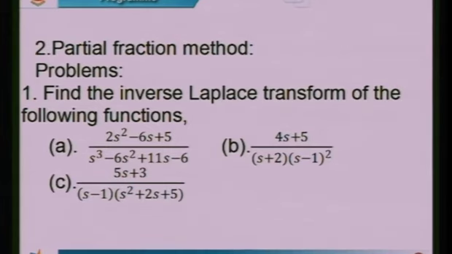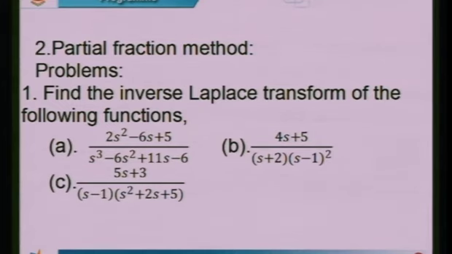Hello students. In the last session we discussed the inverse Laplace transform, basic formulas and also the examples based on the multiplication of t raised to n by taking n equal to 1, where the given function f of s is a logarithmic function or tan inverse or cot inverse.